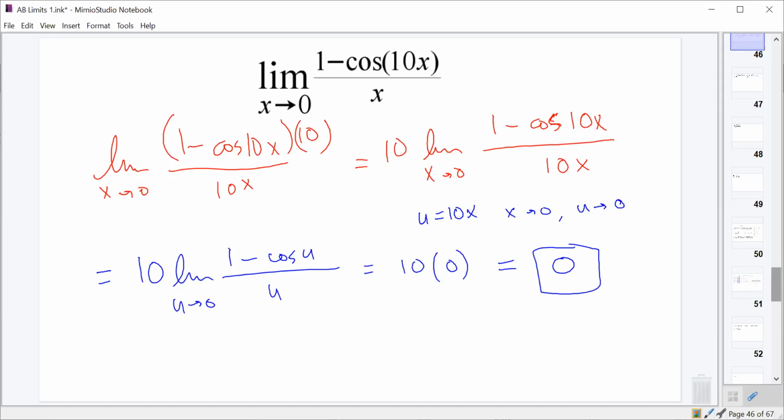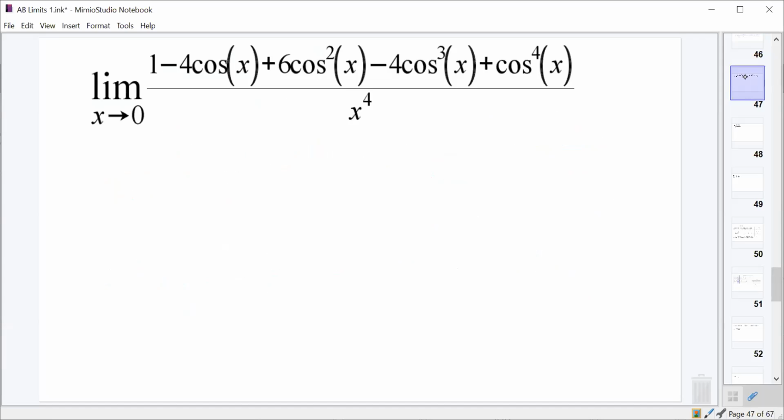Any issues? Basically, this is relying on the limit that we proved in the last problem. That is correct. All right. Let's look at another one. This one looks a little more complicated, doesn't it?